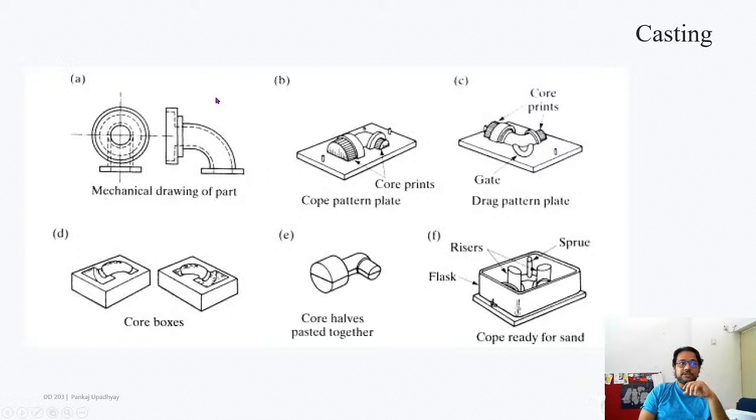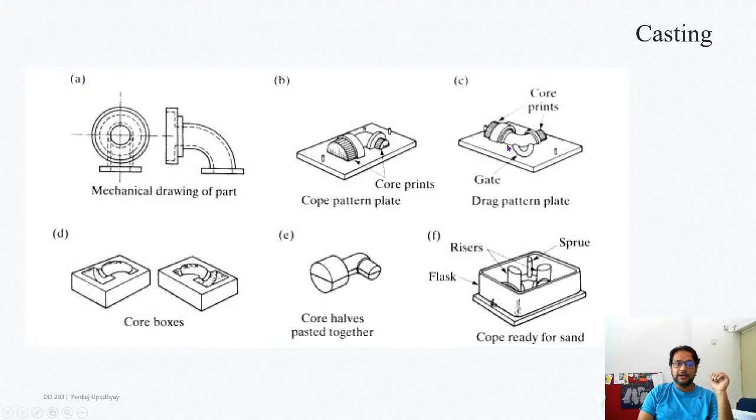Okay, so the first is the mechanical drawing. The second thing is we start with making the core. The core is this internal shape, the internal holes that is needed, and they would print the same way you would make two pieces of the core, and whatever gate and riser and racks, all of these things are needed.